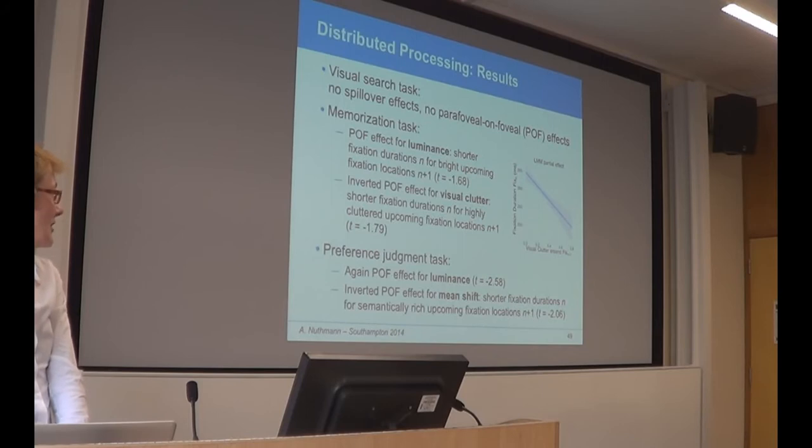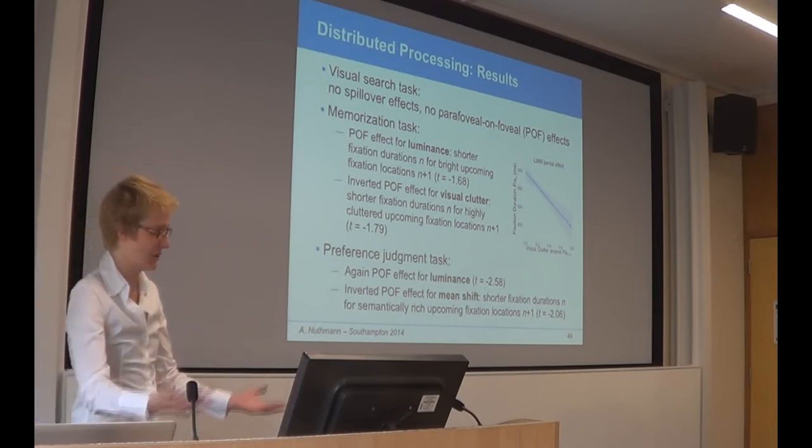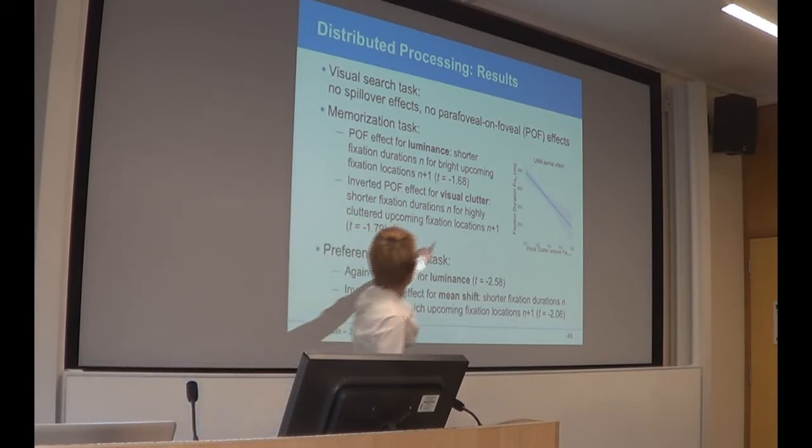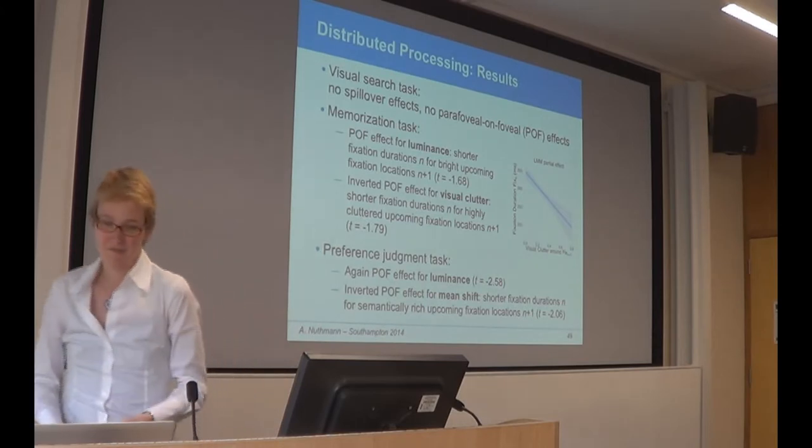And I can't find the motivation to write this up. So for search, there's no spillover effect, nothing, no spillover, no parafoveal and foveal, and I'm not sure why. Maybe you have any ideas. And with regard to the other two tasks, experts on LMEs, knowing how many subjects and how many data points I have, will see this is just marginally significant. It doesn't mean anything.